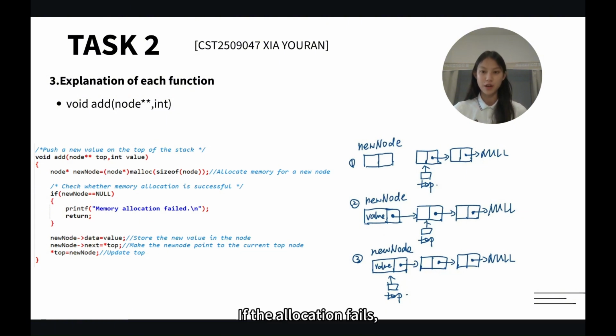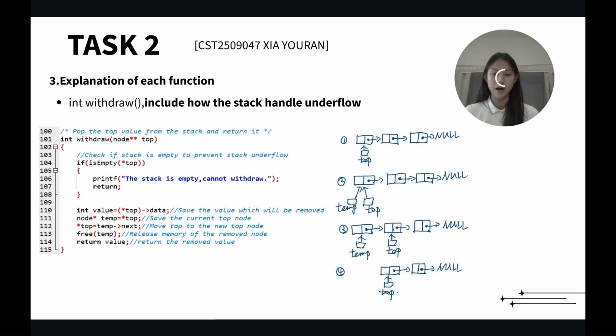If the allocation fails, the program will print memory allocation failed. And if the allocation is successful, the value will be stored in new node data, and new node next will point to the current top pointer. Finally, the top pointer will be updated and point to the new node.